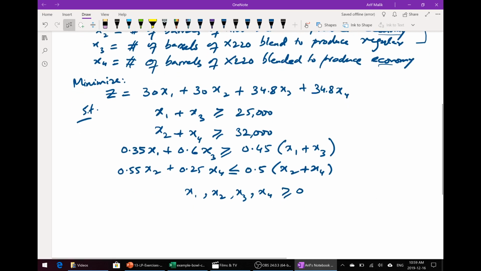These two constraints are not written in a standard format. We can make it standard format.